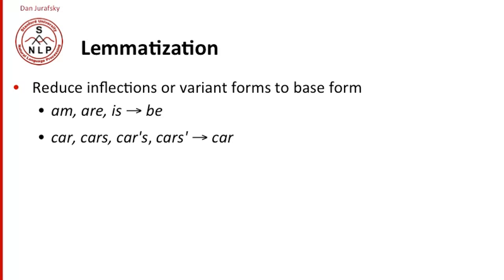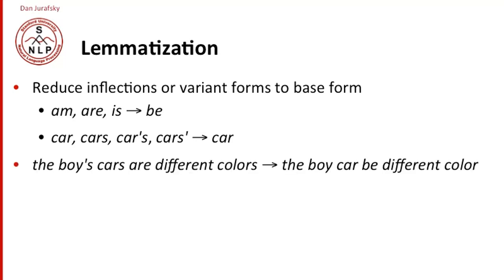We also often want to do lemmatization, so we're reducing our inflections or variant forms to their base form. So words like am and are and is will get lemmatized into be; car, cars, car apostrophe s, and so on, get lemmatized to car. So a phrase like the boy's cars are different colors should get lemmatized to the boy car be different color.